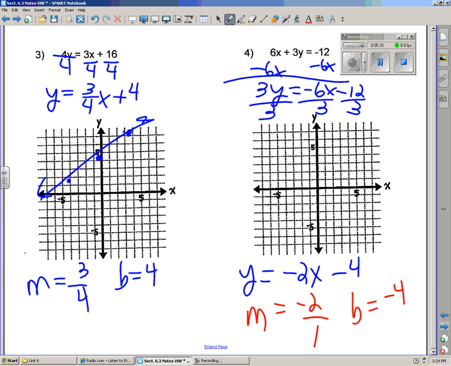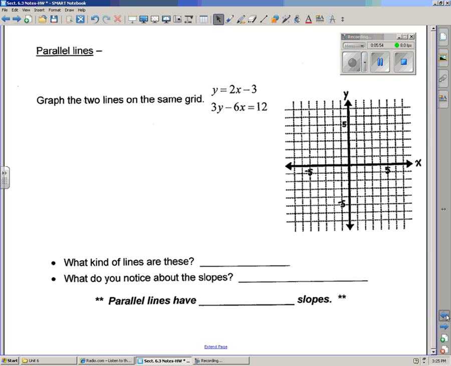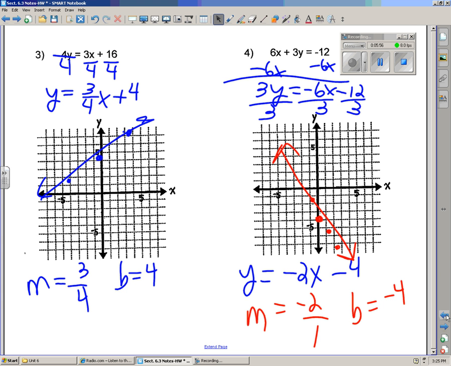Your y-intercept is negative 4. You begin graphing at negative 4, the y-intercept on the y-axis, and you go down 2 to the right 1, down 2 to the right 1. That's the same as going up 2 and to the left 1. And then you draw your line. Okay, and so that's the end of that. So you should be good on the homework.